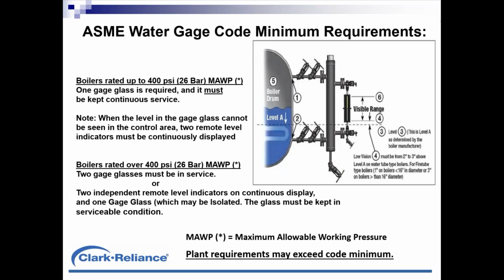ASME has various definitions between fire tube and water tube boilers and diameters of drums on fire tube boilers. But in the case of the water tube, it was a recent change that instead of saying that the low end of the glass be at least 2 inches above the danger point in the drum, now there's a tolerance on section 1 vessels stating the low vision of glass must be 2 to 3 inches above the danger point as determined by the boiler manufacturer.